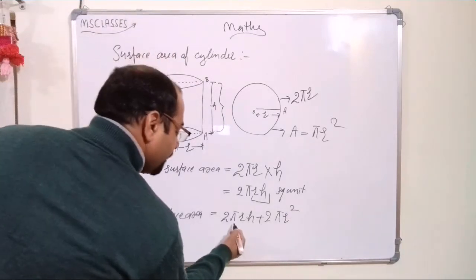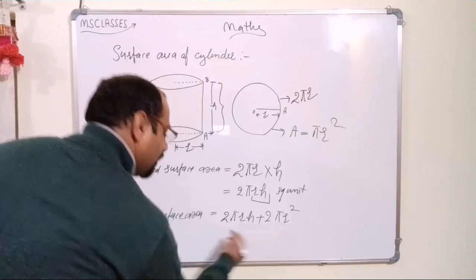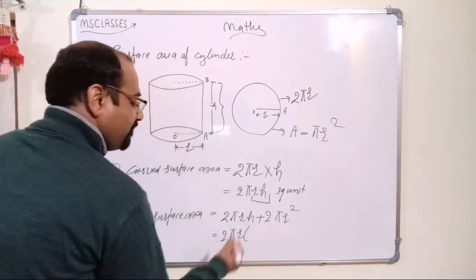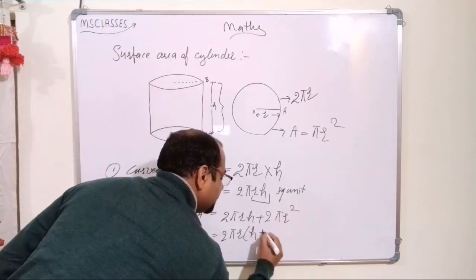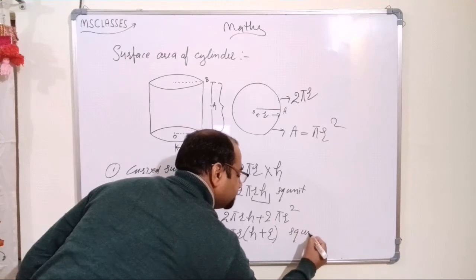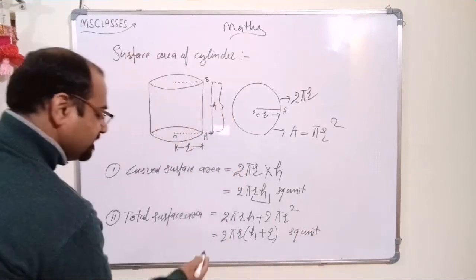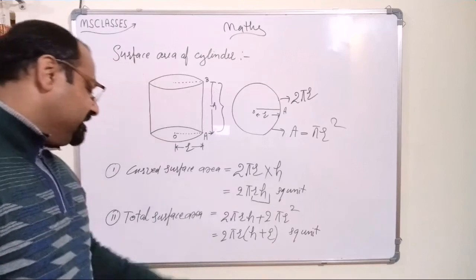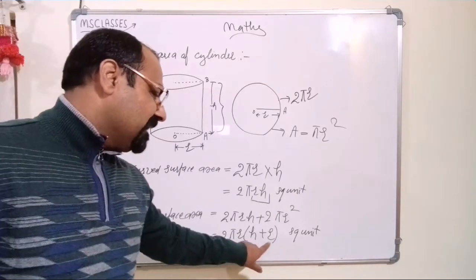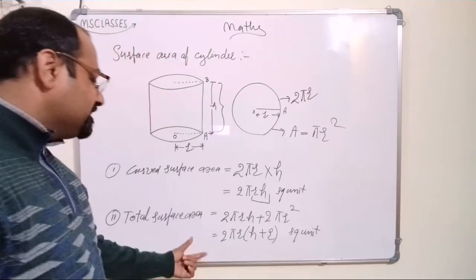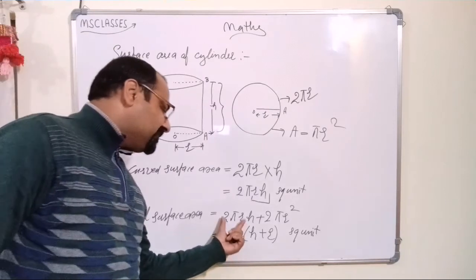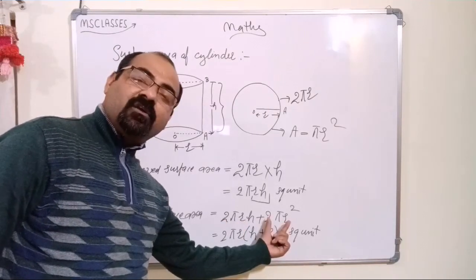When we take 2 pi r common, we have 2 pi r into h plus r, and the unit is square unit. So the total surface area is 2 pi r into h plus r square unit. This is a very simple way to calculate it: curved surface area plus the area of both circles.